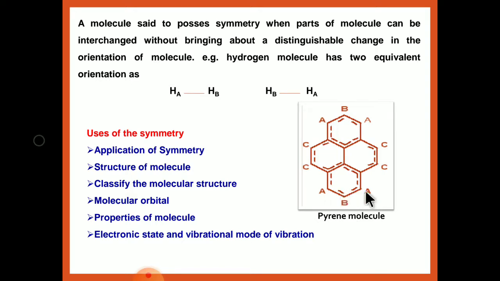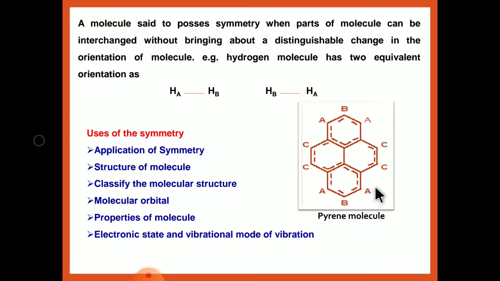First set is A. If we cut this molecule into two equal halves, like this or even like this, A is exactly equivalent to this A, C is exactly equivalent to this C, and B is exactly equivalent to this B. So in the structure of pyrene, from such knowledge of equivalent atoms, it is a simple matter to deduce that there can exist only 3 monosubstituted pyrenes. So this molecule also possesses symmetry.